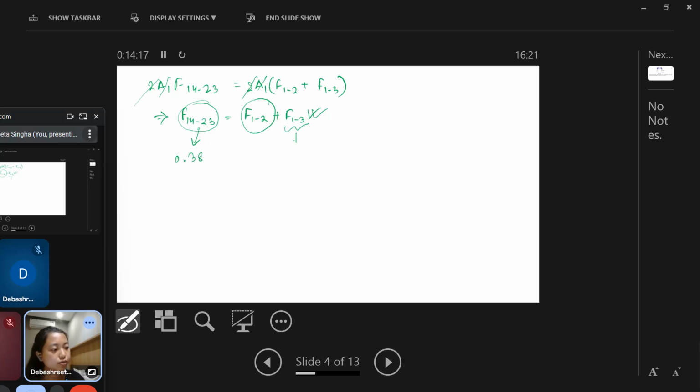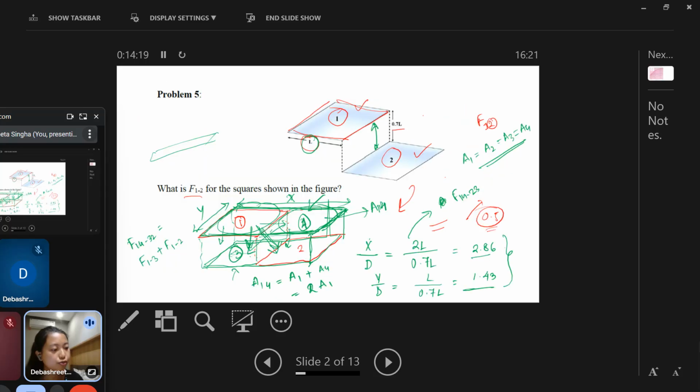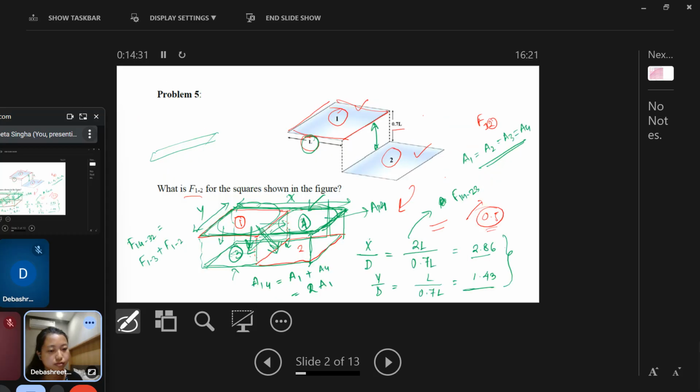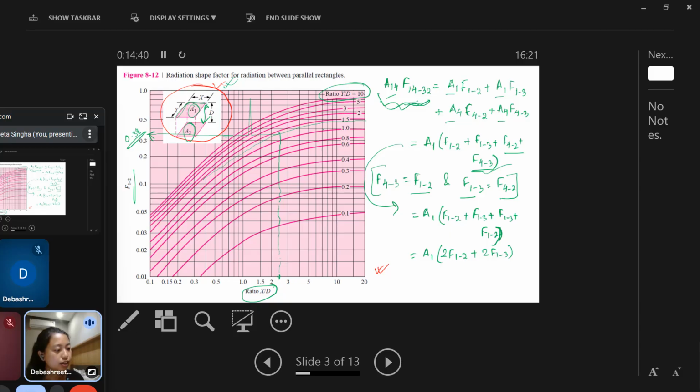And this we get from, if we consider only the first two, with these two boxes, then we get x by d.